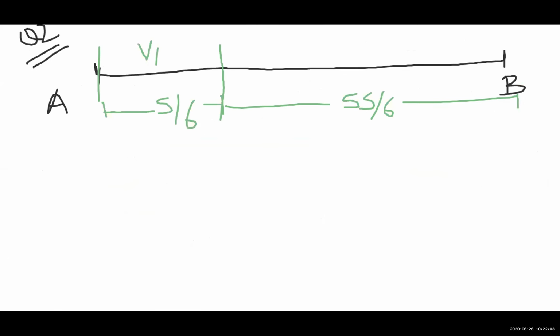So what this means is that I don't know at what distances the velocity was v2 and then the velocity was v3.